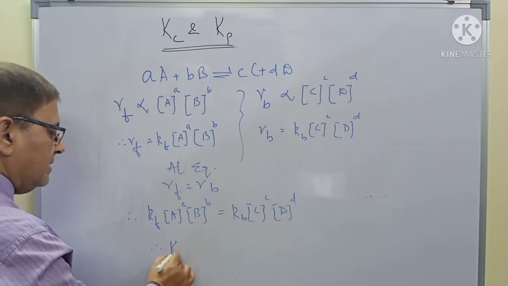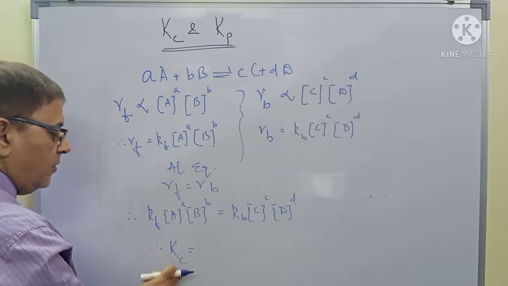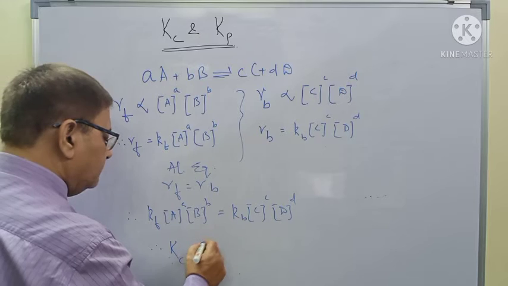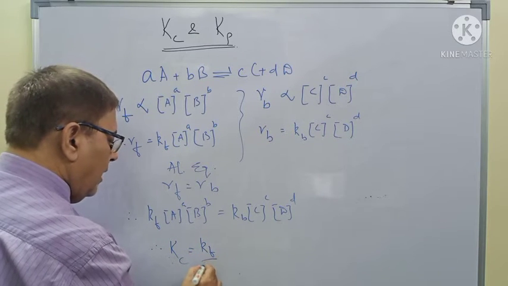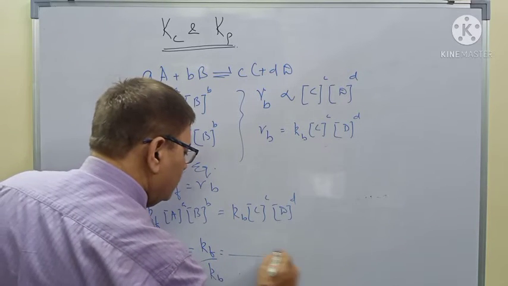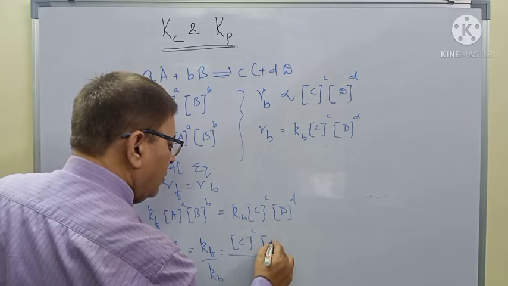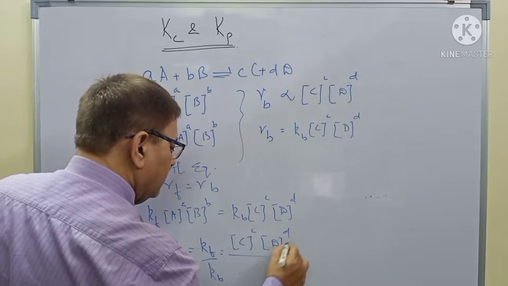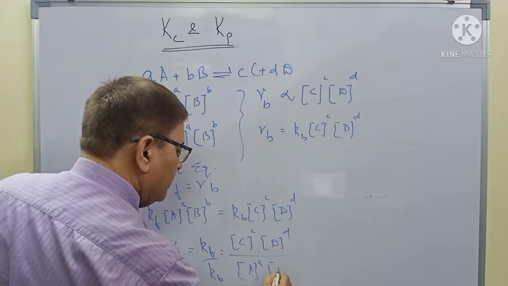Therefore, Kc, the equilibrium constant in terms of concentration, is equal to Kf upon Kb, which we know from previously, equal to [C] raised to c into [D] raised to d upon [A] raised to a and [B] raised to b.